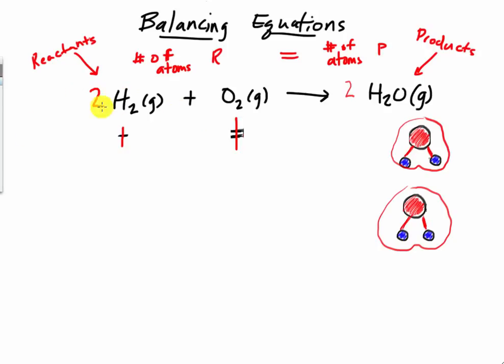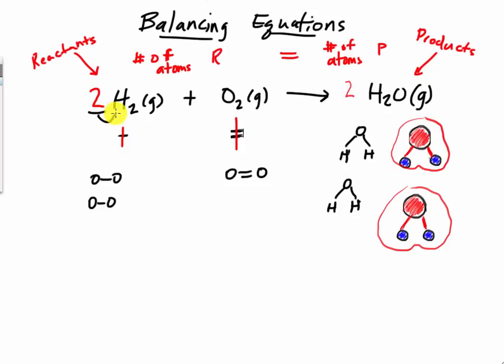What this is saying is that if I have 2 molecules of hydrogen, 4 atoms altogether, and 1 oxygen molecule, over here I get 2 waters formed. The number in the front is called a coefficient, and what the coefficient tells you is how many molecules of your substance you have.